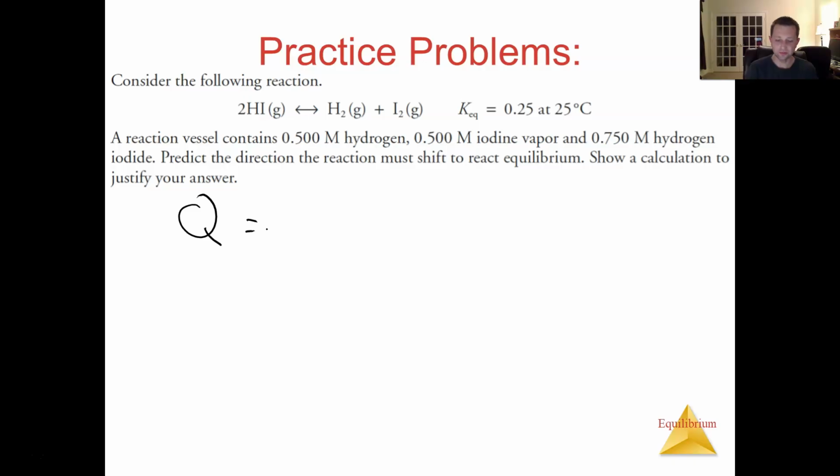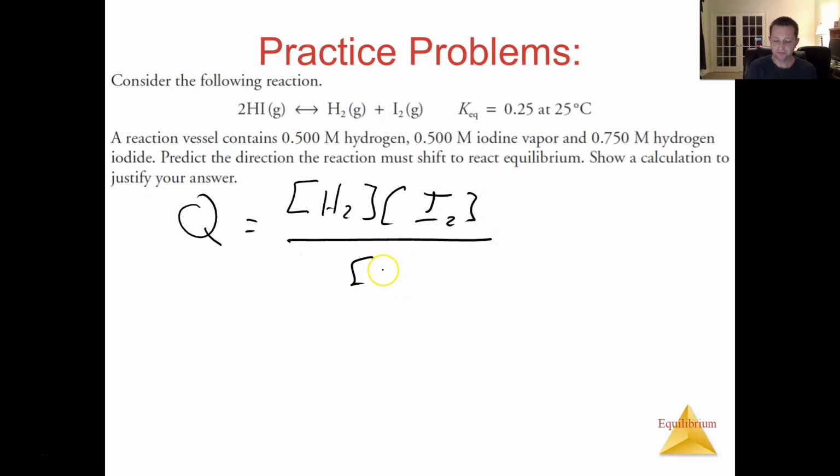Q equals products, H2 times I2, over the concentration of reactants, HI squared, because of the coefficient of 2 here. Plug my numbers in. For H2, it was 0.500 molar. I2 was 0.500 molar.